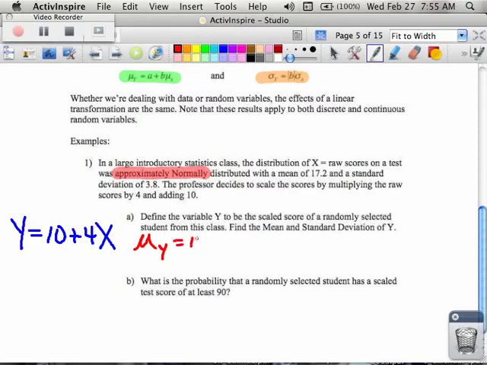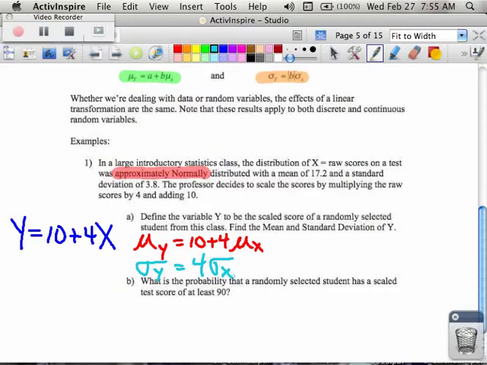So we're going to have 10 plus 4 times whatever that old mean was, which was mu x. And the standard deviation of our new variable y does not get the 10 because it's a measure of spread. It just gets the 4. So this would be 4 times the standard deviation of whatever the x variable was.